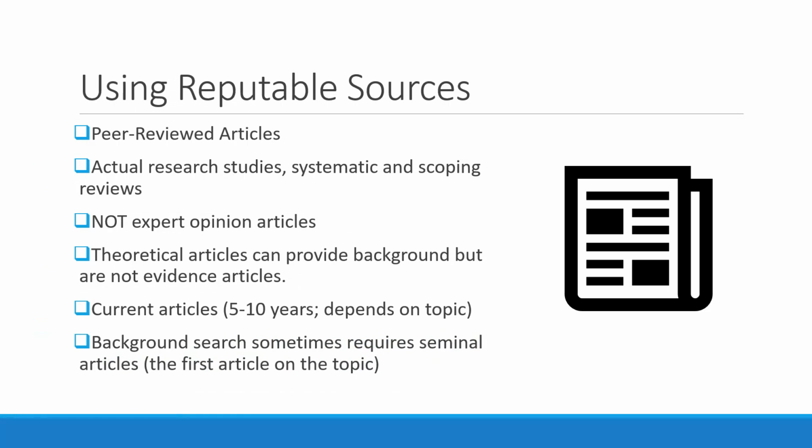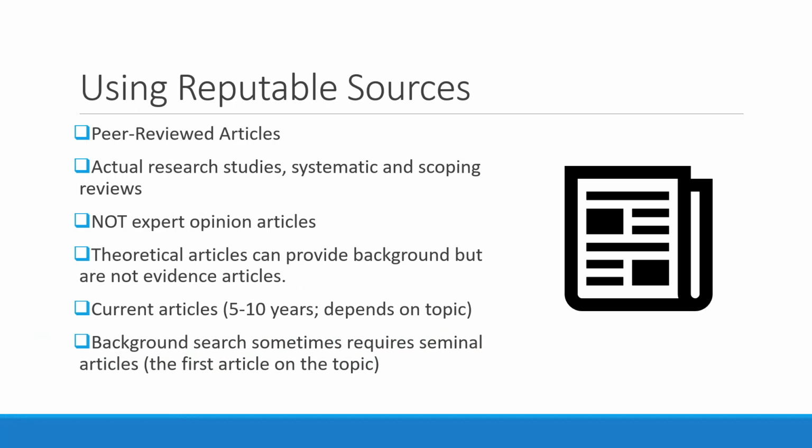Make sure you are using reputable sources: peer-reviewed articles, actual research studies, systematic and scoping reviews. Avoid using expert opinion articles unless it is all you can find on a topic. Theoretical articles can be a background article, but are generally not considered evidence articles. They're simply laying out the theory. You really want current articles depending on your topic.